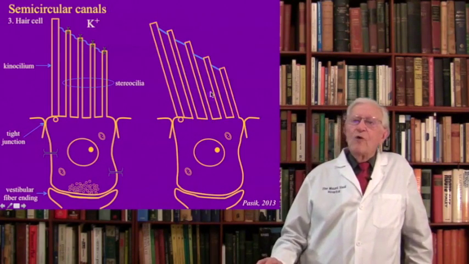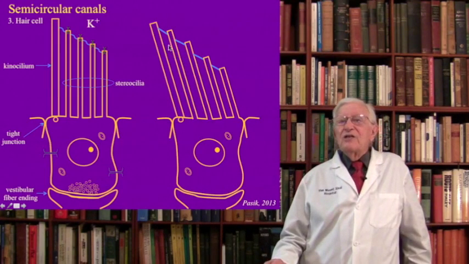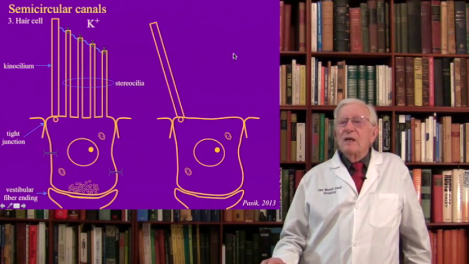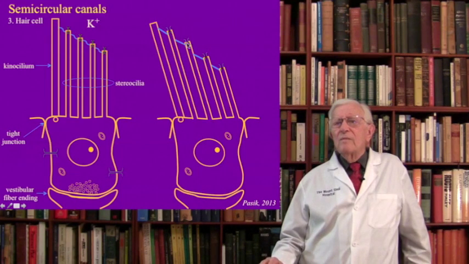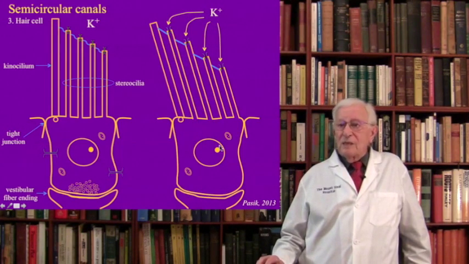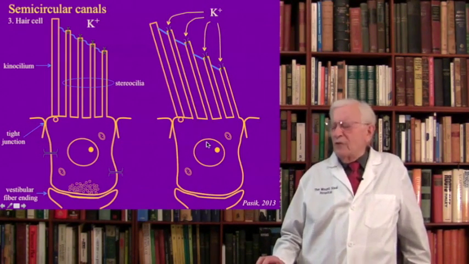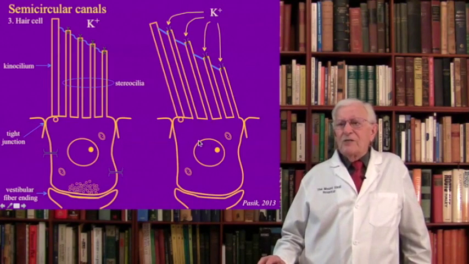So the stereocilia also bend, and you see that the interciliary strands get very tight as opposed to being lax as before. That results in an opening of the potassium channels, as you can see here. And so potassium rushes into the cell. The cell gets high potassium, therefore gets depolarized.